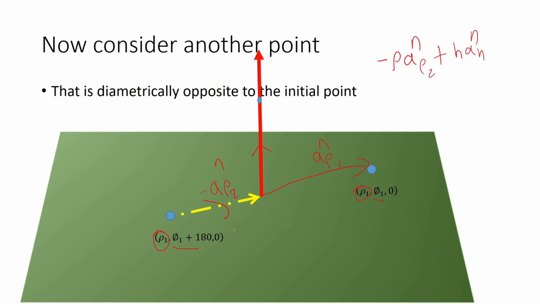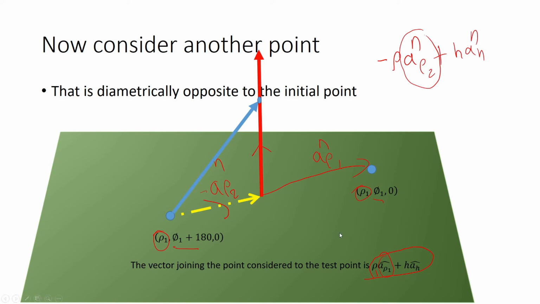So I also can write this vector as rho 1 times a_rho1 cap plus h a_h cap. Understand that minus a_rho2 cap has been substituted as a_rho1 cap.